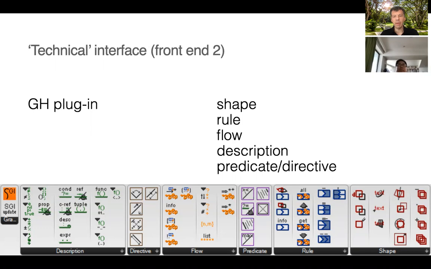So a shape is basically a Rhino geometry, except that you can add textual attributes and textual descriptions. A rule, of course, is defined by two shapes and can apply to another shape. And descriptions are defined by Stiny to allow you to add design intent or other constraints to rules.